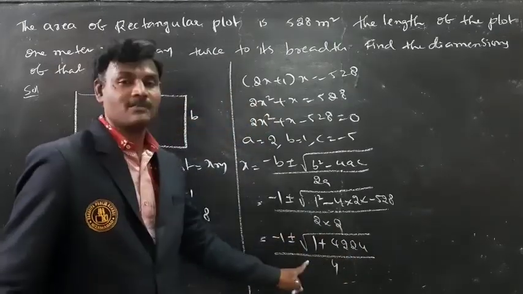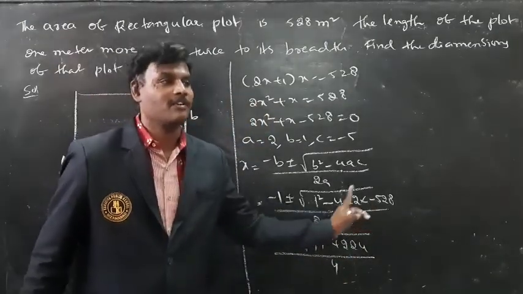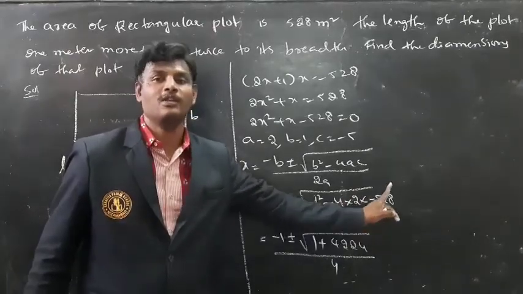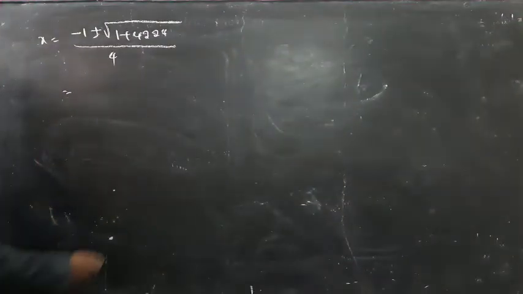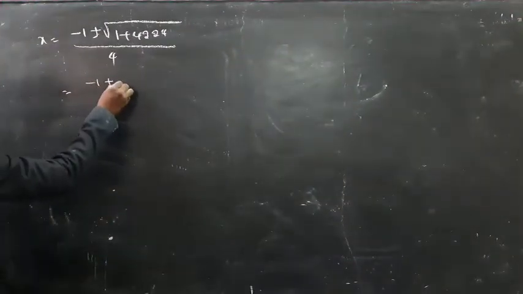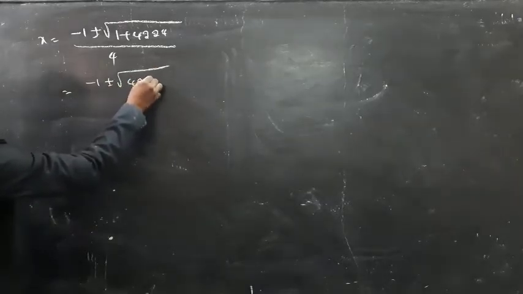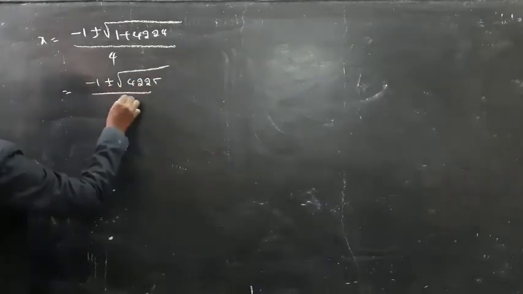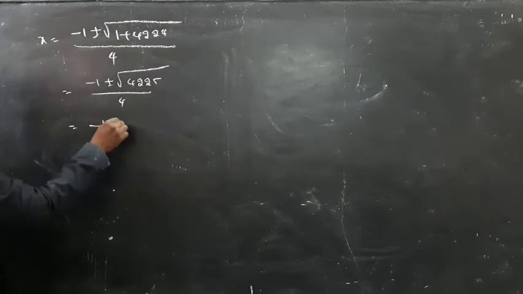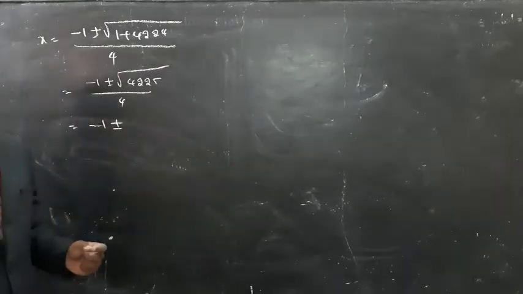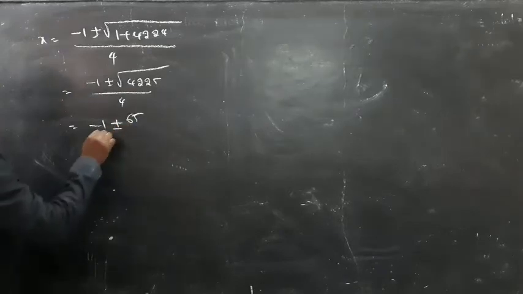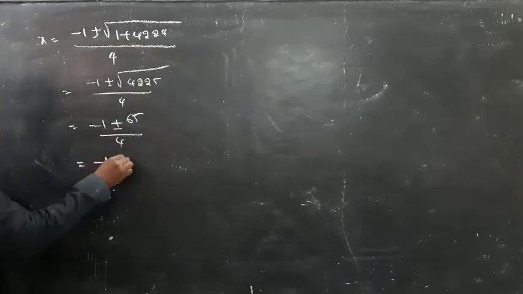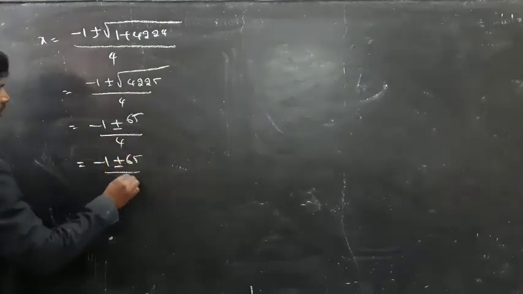So 1 plus 4224 is 4225. So x is equal to minus 1 plus or minus the square root of 4225 by 4. The square root of 4225 is nothing but 65, so x is equal to minus 1 plus or minus 65 by 4.